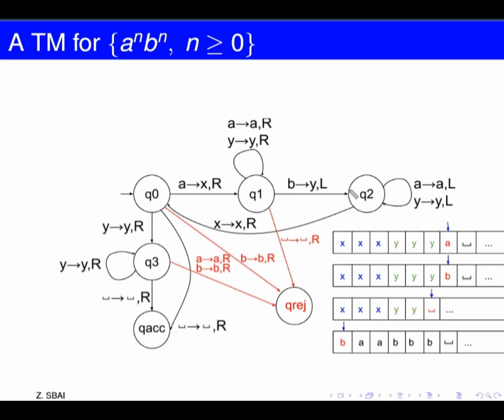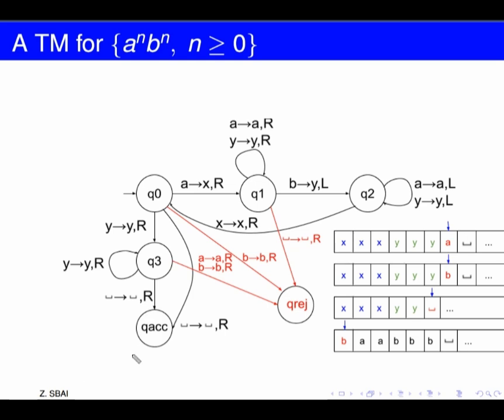Note that from Q2, we don't need to add any transition going to Q reject, since already when we came to Q2, we already went left. So we'll visit again a cell that is already visited and which will contain either A or Y, or X, of course.